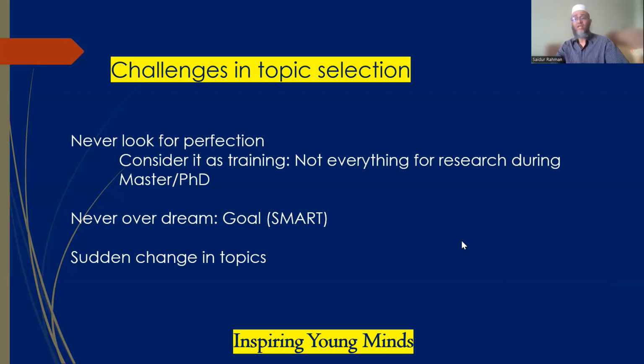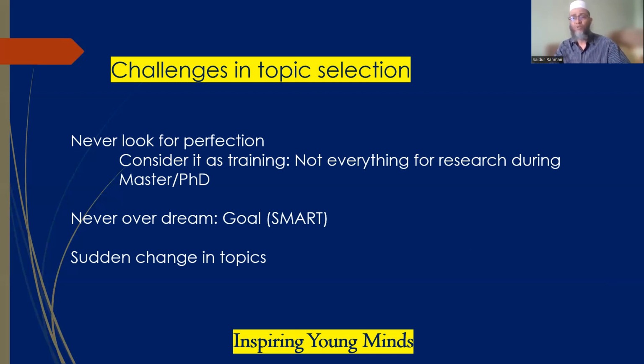Never over dream also. When you are doing research, you try to do a 10-year problem within 1 year or within your PhD. It should not be like this. If your program is for 3 months, for example, and you are aiming for a high impact paper in 3 to 4 months, your objectives, your goal should be such that you can achieve them within that 3 to 6 months.